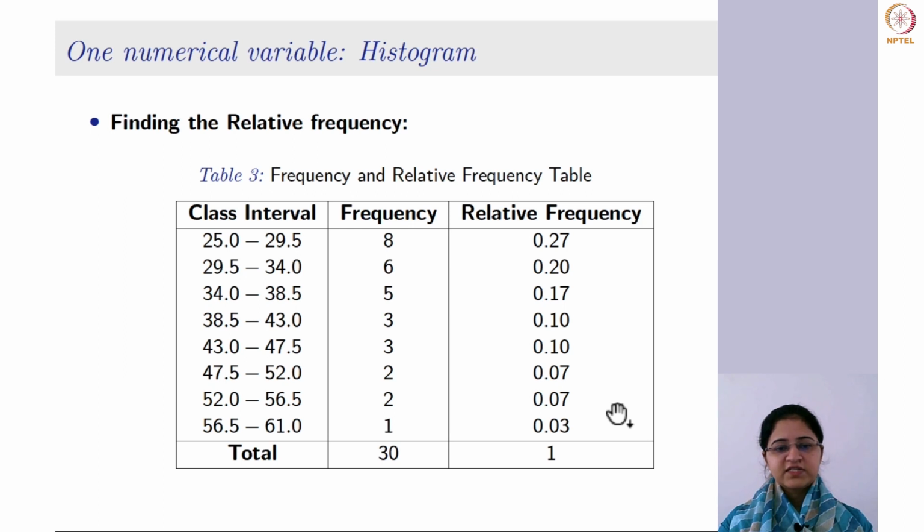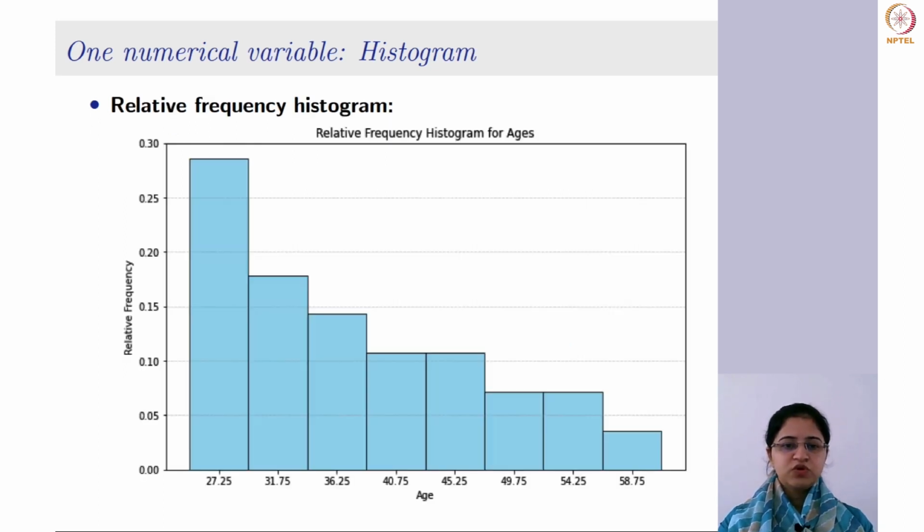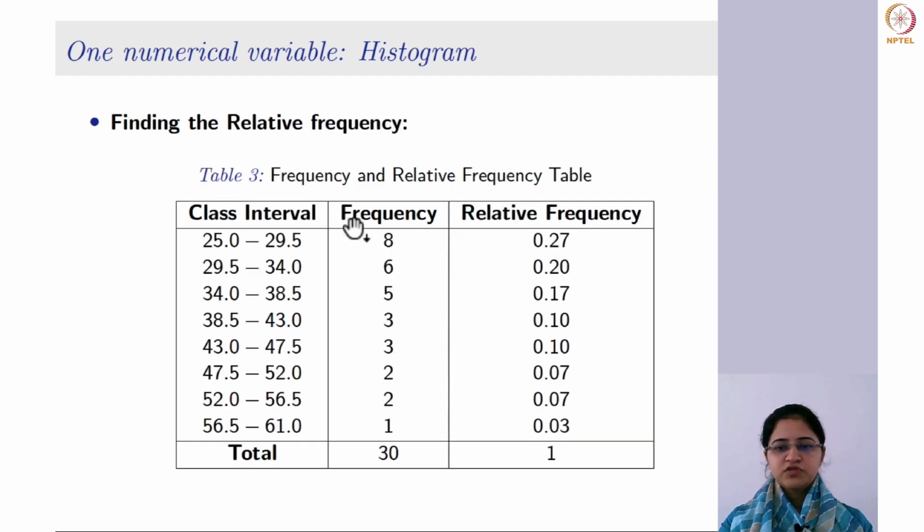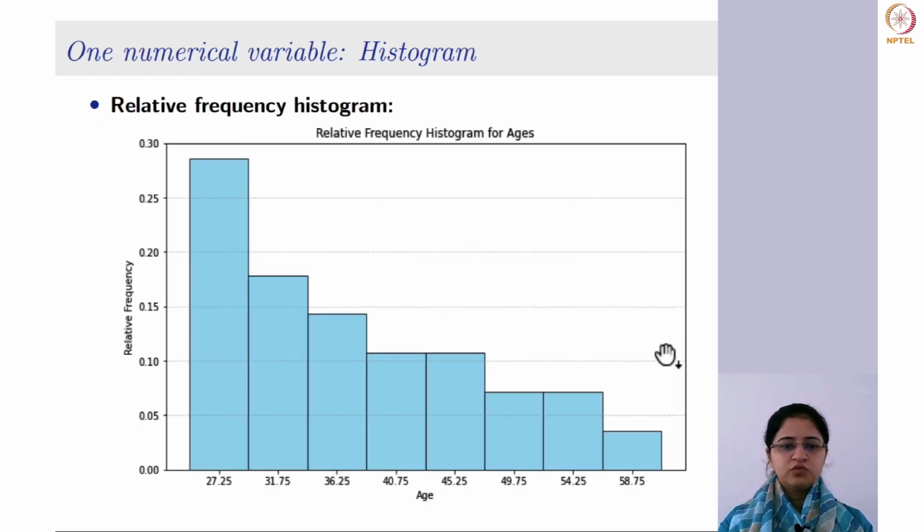Your y-axis is replaced by the relative frequencies, as you can see here. It goes from 0 to 0.3, because the highest observation is only up to 0.27. Rather, you could make it go up to 1 also. It will vary from 0 to 1, and then you can see the size of these bars here.